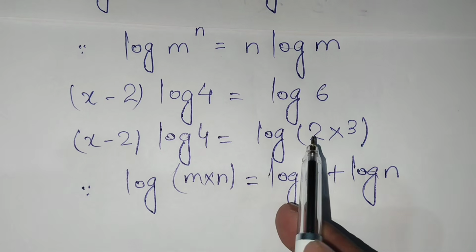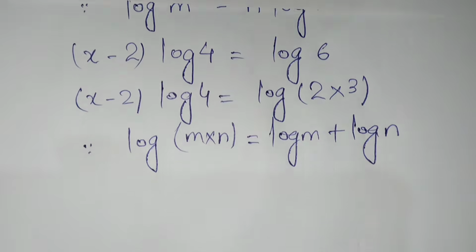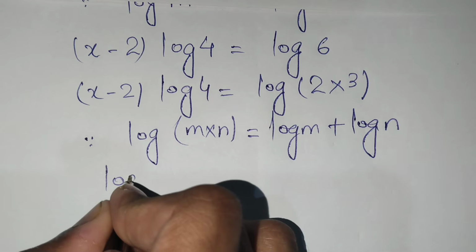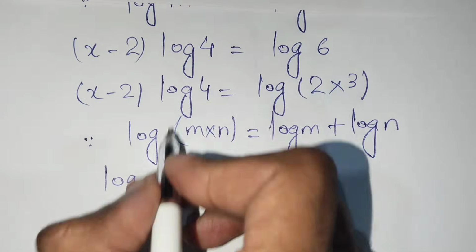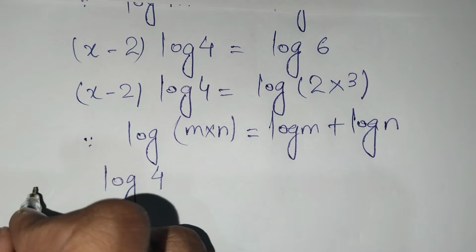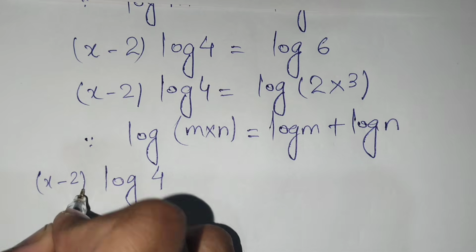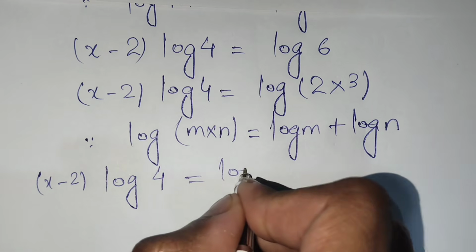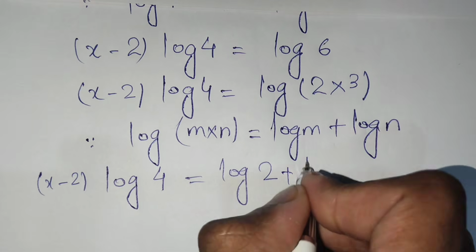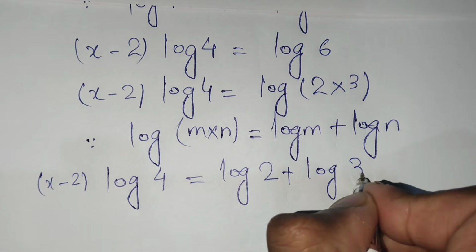Here m is 2 and n is 3, so it will be log of 4 x minus 2 equals to log of 2 plus log of 3.